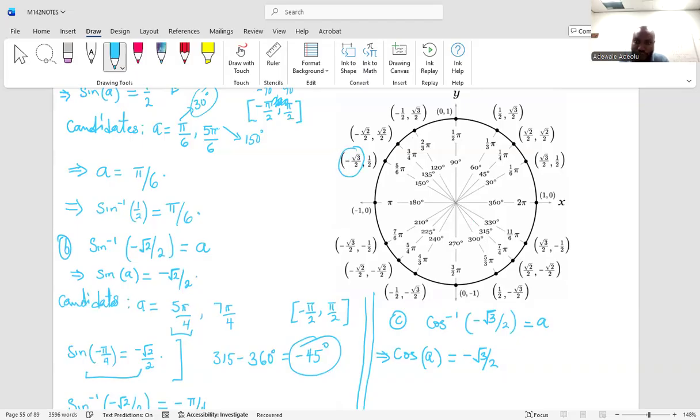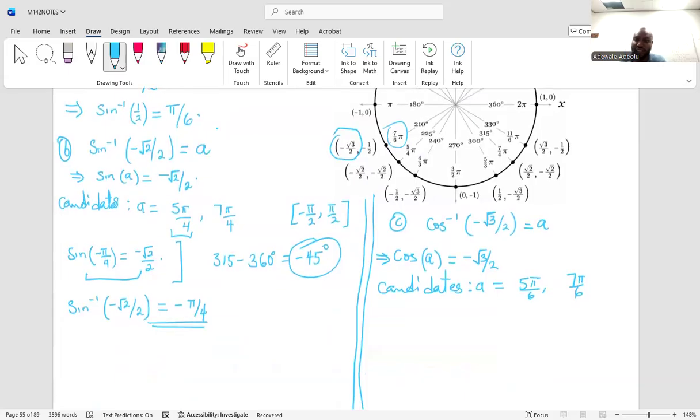We have one here, and another one here, right? So that is at 5 pi over 6 and at 7 pi over 6. So we have our candidates for A: 5 pi over 6 and 7 pi over 6.